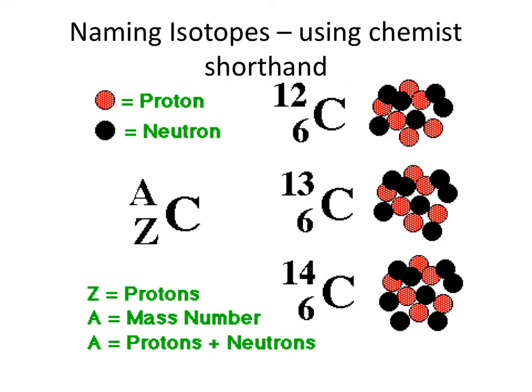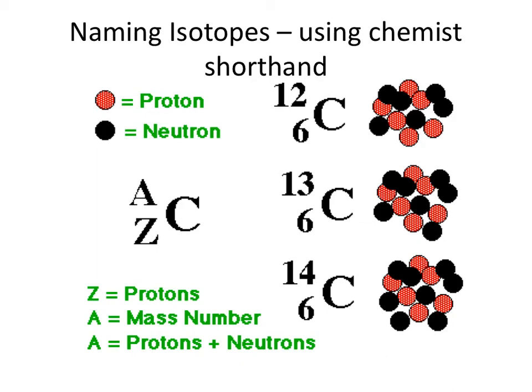The symbol is going to be listed for you, which would be C. And then A, top left, is going to be the mass number, which is my protons plus my neutrons. And then Z, which is down below, is going to be my atomic number. If you notice for each of our isotopes, carbon 12, carbon 13, carbon 14, they each have an atomic number of 6 because they all have 6 protons.